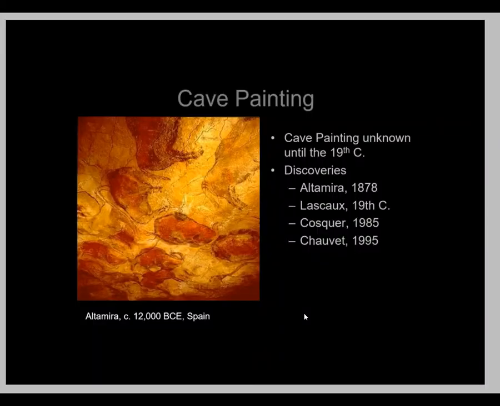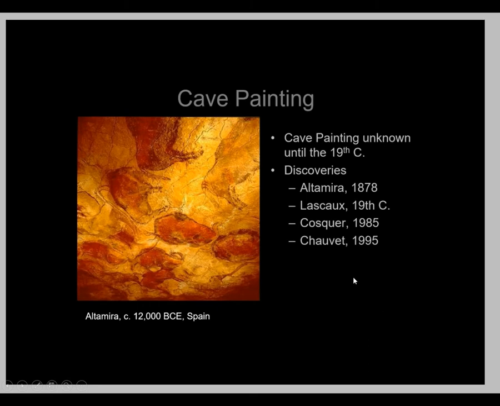And we see this in cave painting as well. So this is Altamira. And just to show you the dates that these were all discovered, Chauvet was the last discovered so far, of course, and that was as recent as 1995.